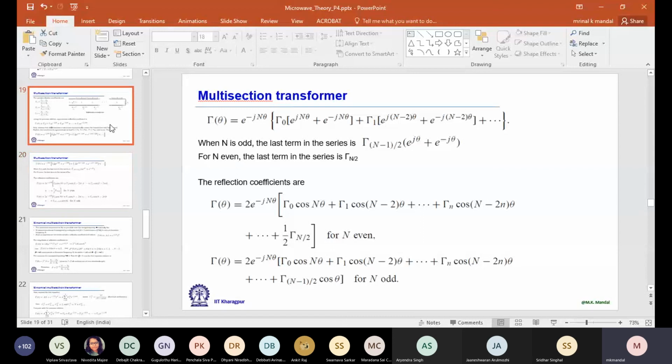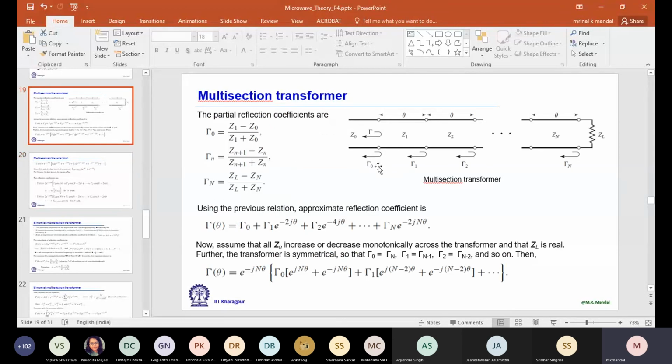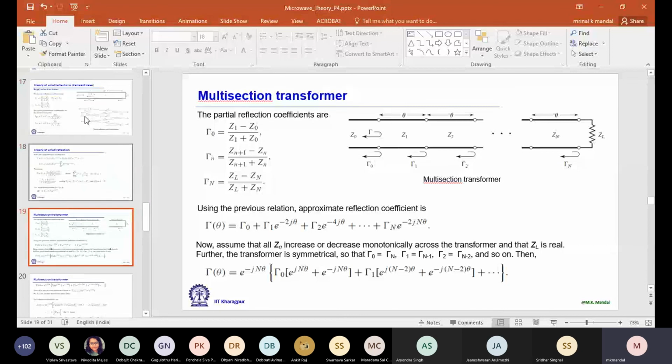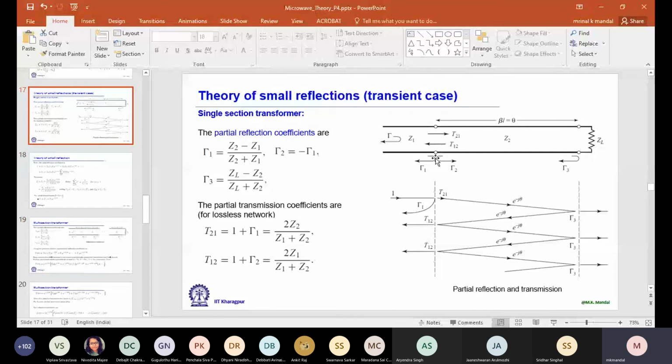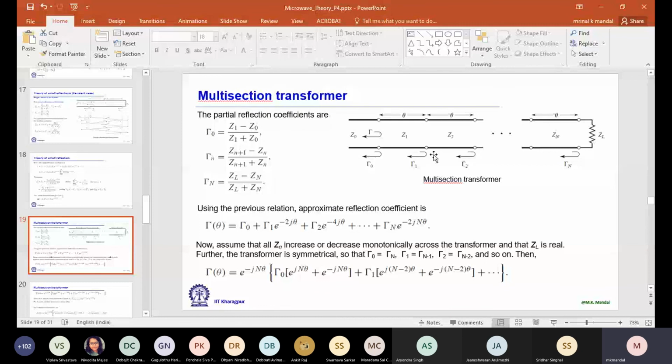Yes, for the multi-section case. Here you see he started from Collin, and I'm just following that notation. He started from gamma naught for this problem. In the previous case, he used gamma 1 for the first junction. Anyway, for n number of sections, if n is odd or n is even, how do we write the expression?